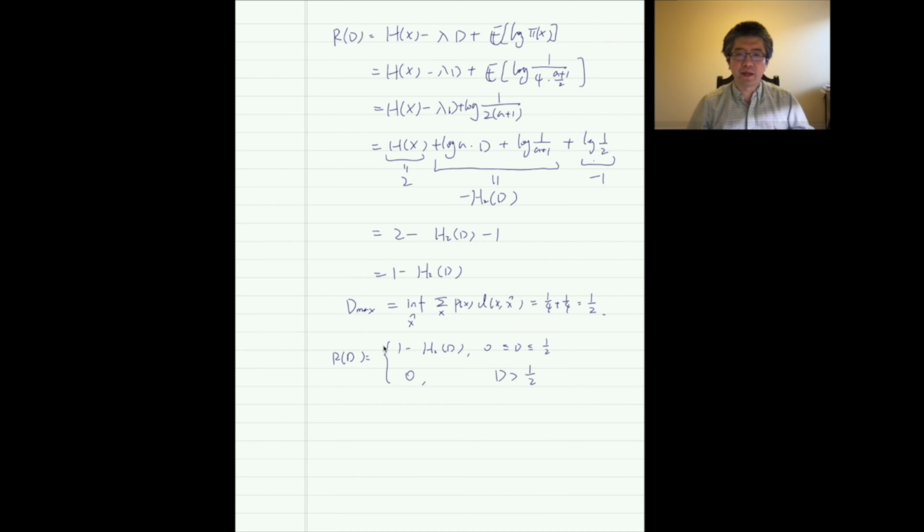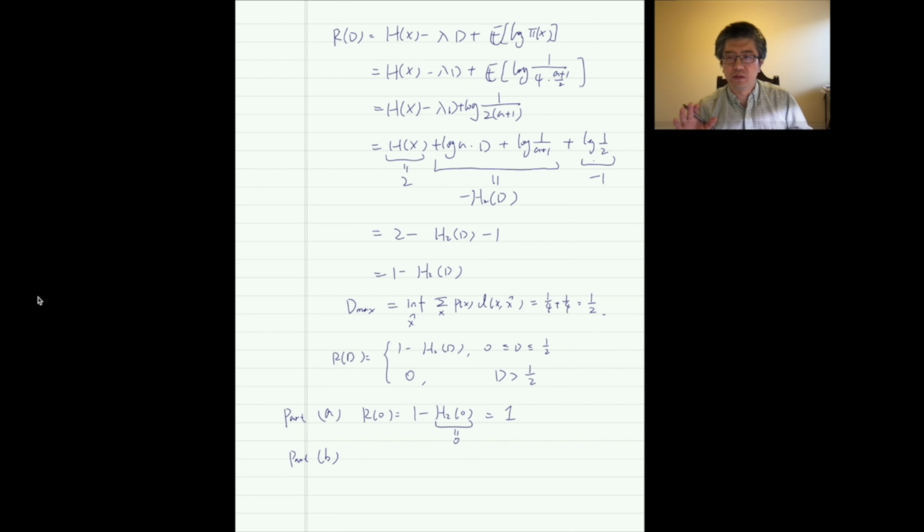Okay, and clearly, let's say for part A, R(0) will be nothing but 1 minus H2(0), so this will give us 0, so that is 1, okay? And similarly, for part C, we can just repeat the exact same step here, right?